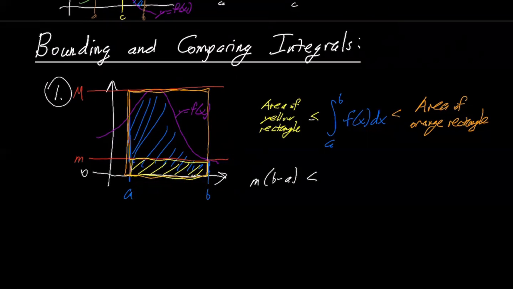There could be equality if the function was constant, if little m equaled big M, so you should have less than or equal to here. And that integral is less than or equal to the big rectangle, which still has base b minus a, but now the height is big M. So that's big M times b minus a.